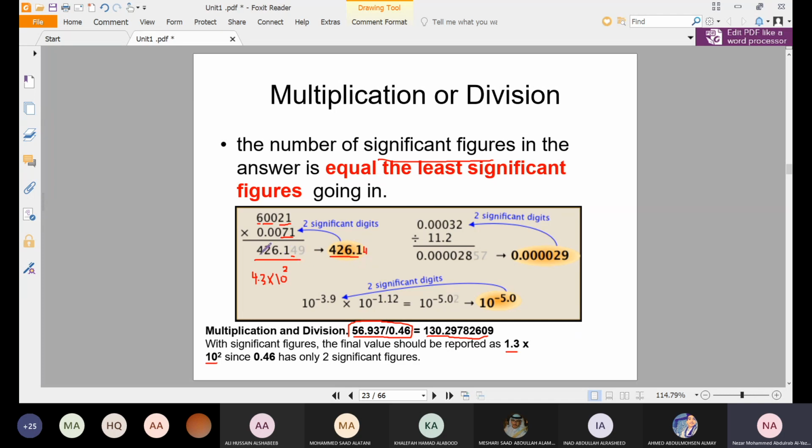But usually, if we do multiplication, we may gain some more. It is allowed to gain more significant figures because we multiply. You will find this in the statement.